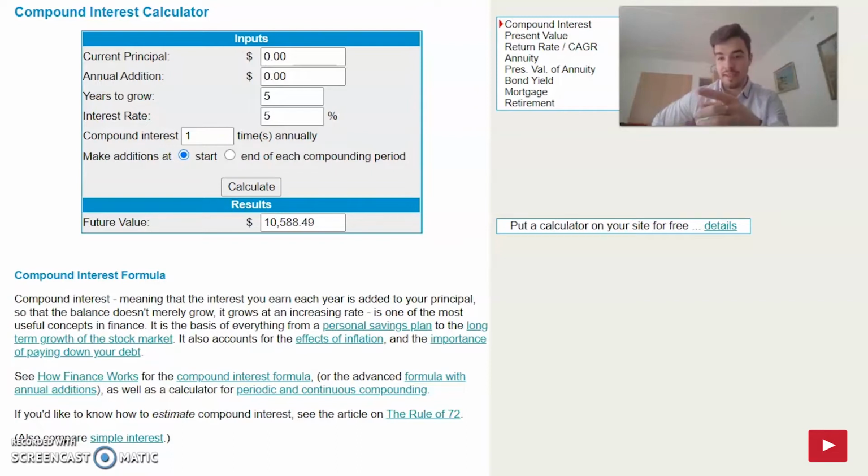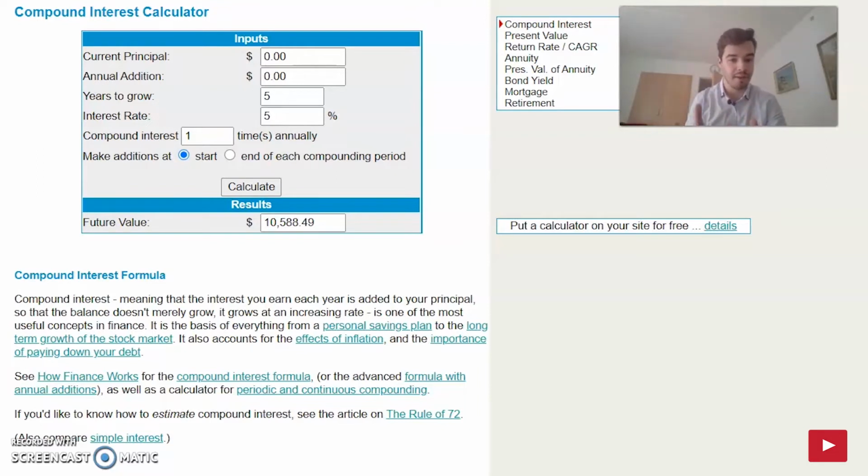As you can see on the screen, we have the current principal, which, as we discussed, is the money you use to invest or deposit or whatever. Then we have annual addition. Usually compound interest is calculated on an annuity, so every year the sum which you have invested gets an interest on it and it compounds.